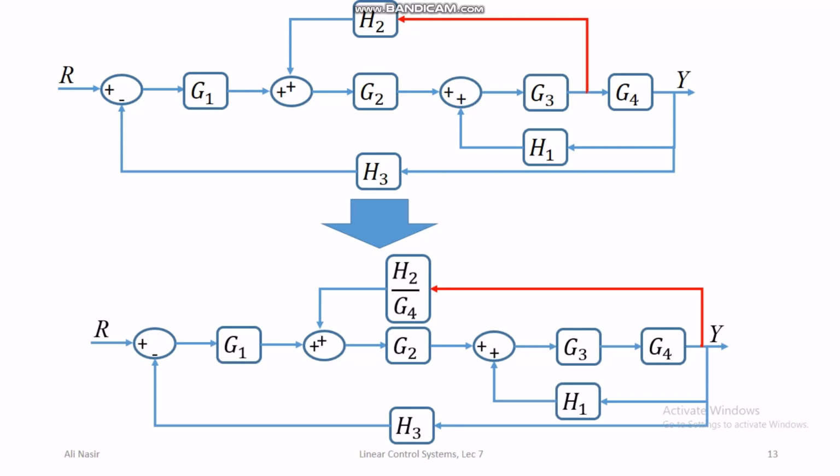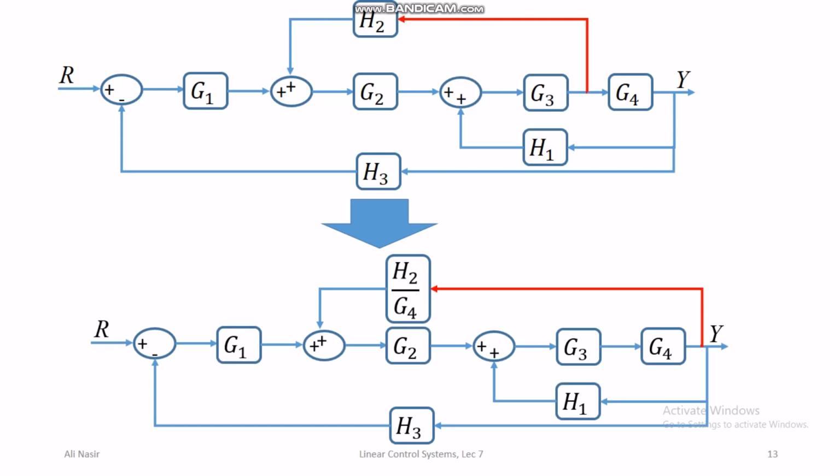What this H2 divided by G4 does is that when the signal A times G4 comes, G4 is cancelled out and A times H2 goes forward, as was going forward in the original block diagram.